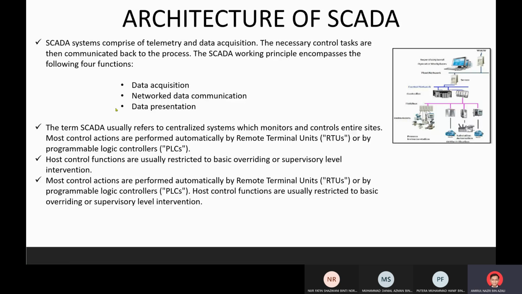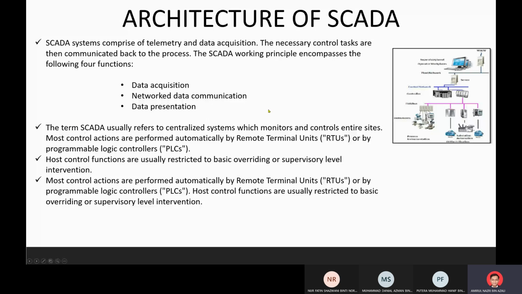Most control actions are performed automatically by remote terminal units (RTUs) or by programmable logic controllers (PLC). Host control functions are usually restricted to basic overriding or supervisory level intervention.